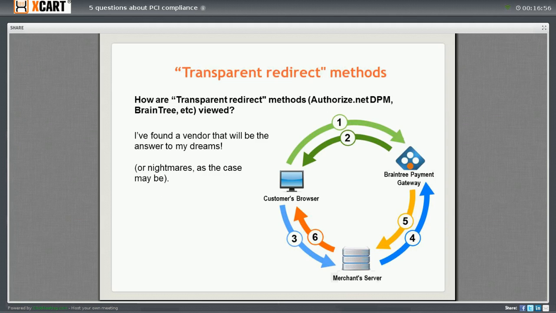Furthermore, clarifying papers, new methods of hacking, and technology changes will require auth.net, BrainTree, any one of your redirect methods to go ahead and upgrade systems and allow for time changes. But these are professionals, and you can usually trust them to do the right thing.